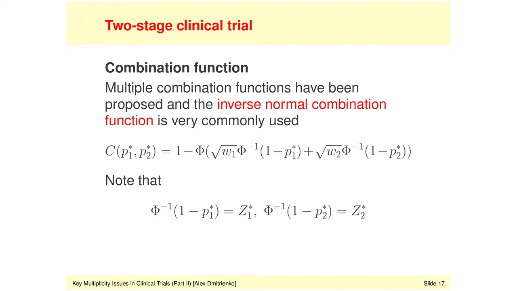It is worth mentioning, using the expressions given at the bottom of the slide, that with this particular function, the combined p-value derived at the final analysis is indeed equal to the standard p-value computed from the data available at the end of the trial.